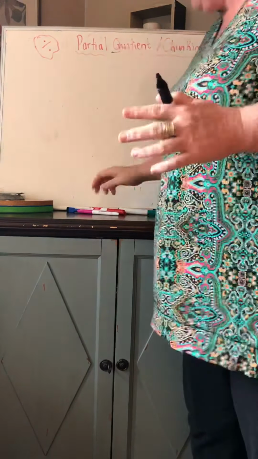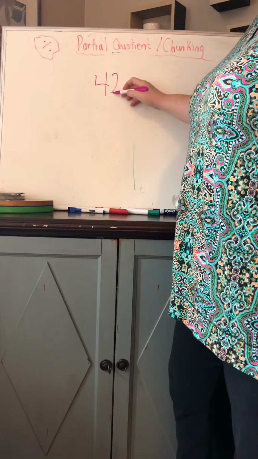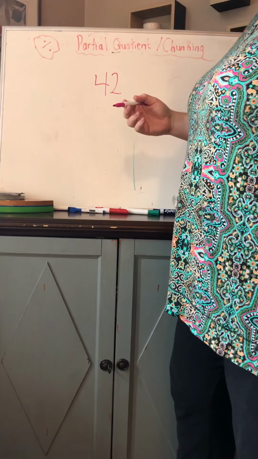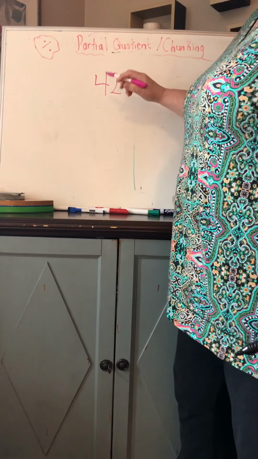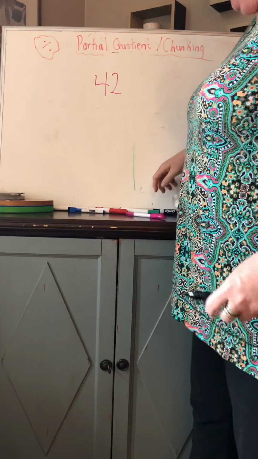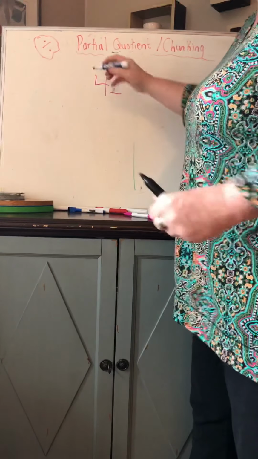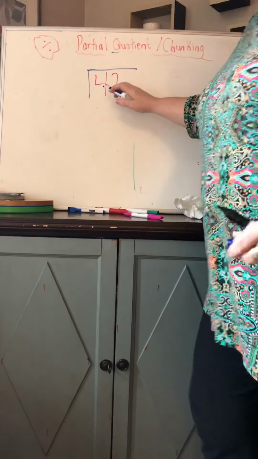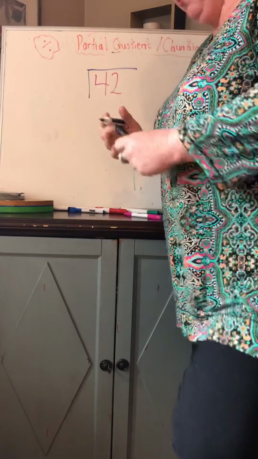Let's go on. We went picking flowers again, and this time we have 42 flowers. Okay? Let's go with 42 dandelions. We have lots of dandelions around. We're going to use that different division symbol again. Looks like this instead of that. So we're going to share the 42 flowers.